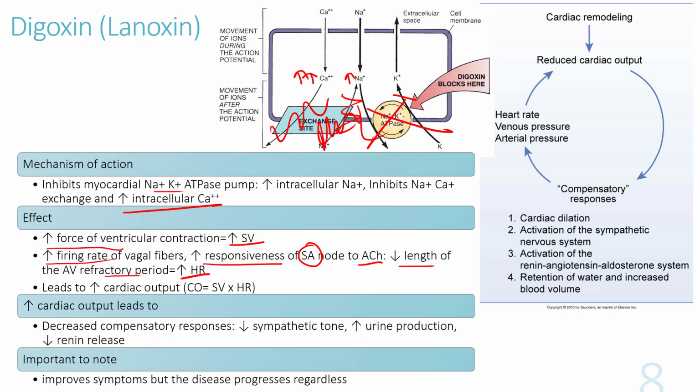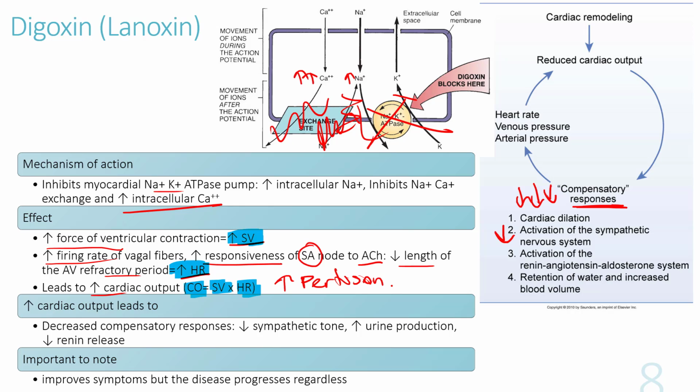And so what you have is a drug which increases stroke volume and increases heart rate, right? And if you increase stroke volume and heart rate, you increase cardiac output based on this formula. And so you increase cardiac output, then you increase perfusion, like I said. And so what happens is that the compensatory responses go down, right?